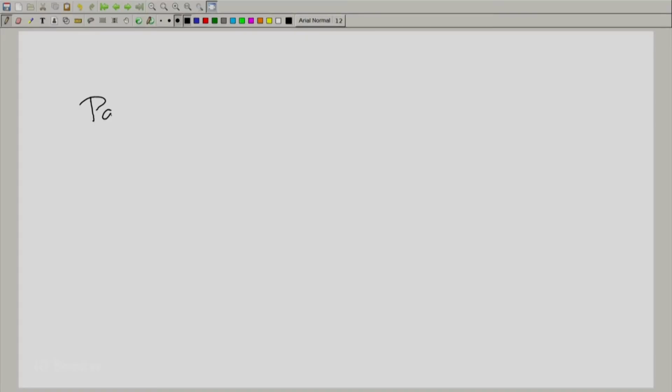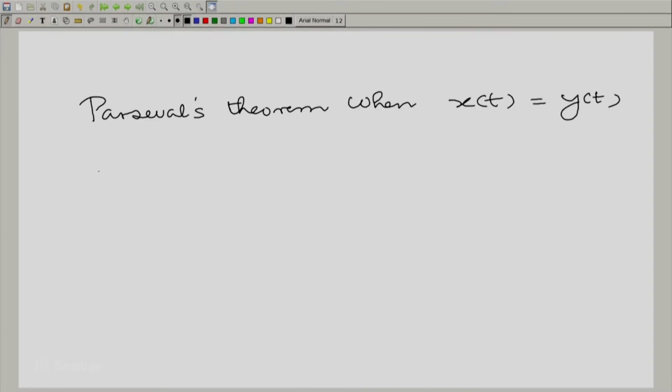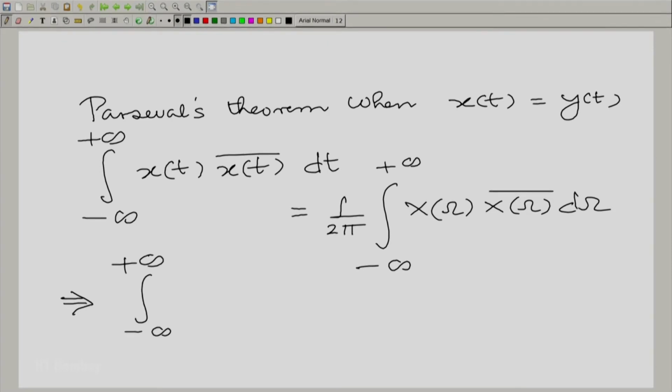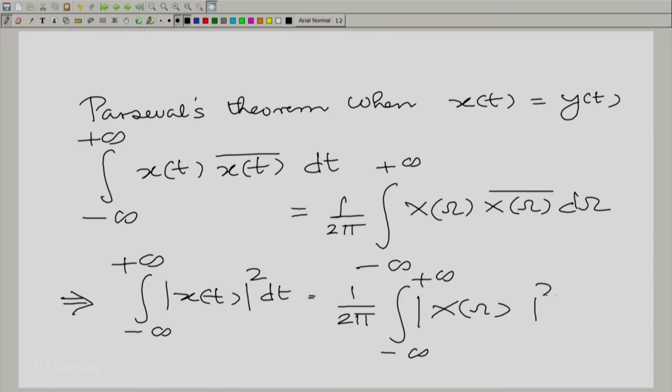Parseval's theorem when x t equals y t, of course, we get the integral from minus infinity to plus infinity of x t x t bar dt is equal to the integral from minus to plus infinity of capital X omega capital X omega bar d omega divided by 2 pi, of course. And x t times x t bar you can very easily see is essentially mod x t squared. And so too X omega times X omega bar is mod X omega squared.